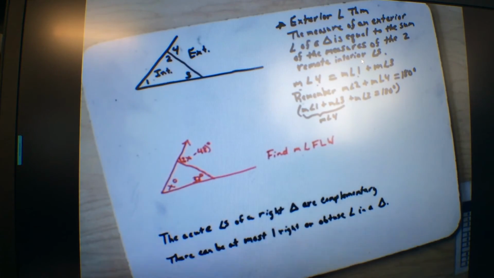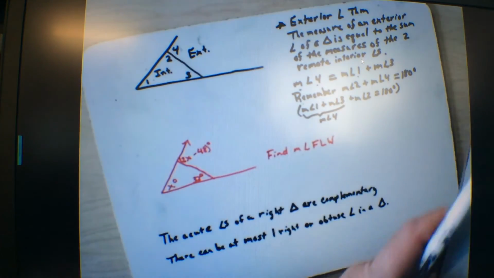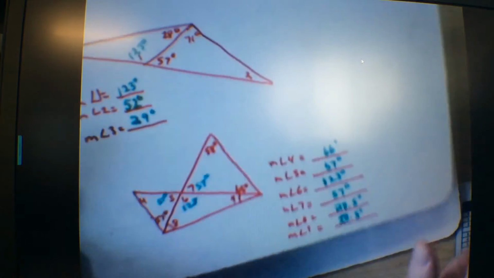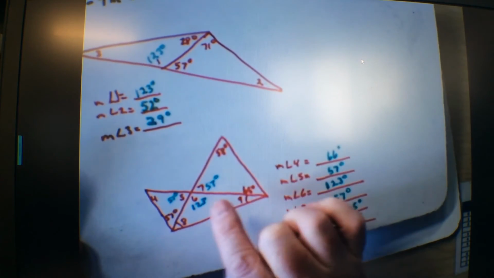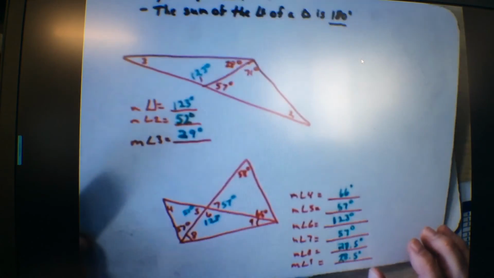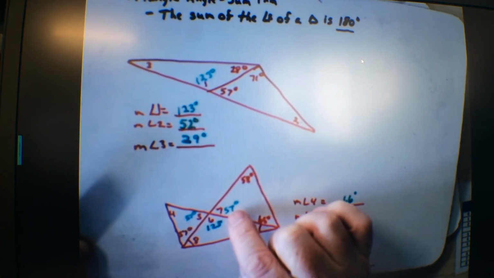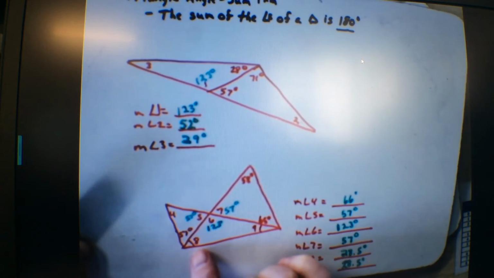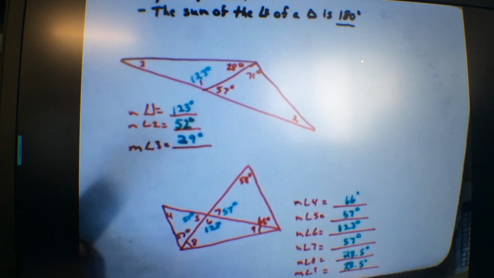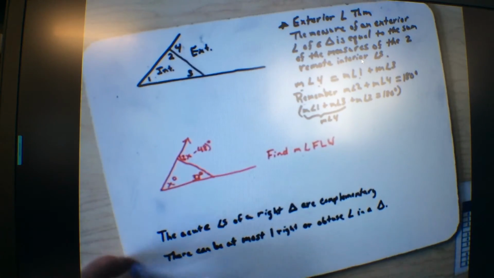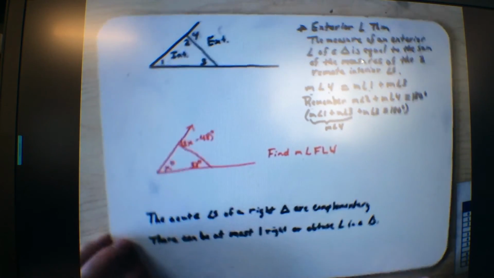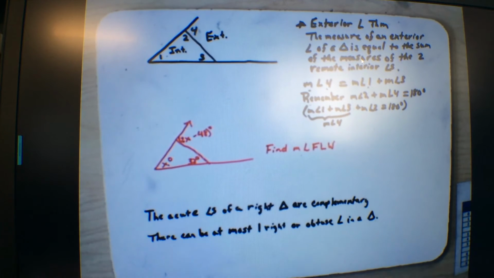Do you remember from our other picture here, I'm going to put this in real quick, that we had the same thing going on. We had angle 7, 57 degrees equal 8 plus 9. Do you remember that? All right, same thing with this, is that we have angle 4 is equal to angle 1 plus angle 3.